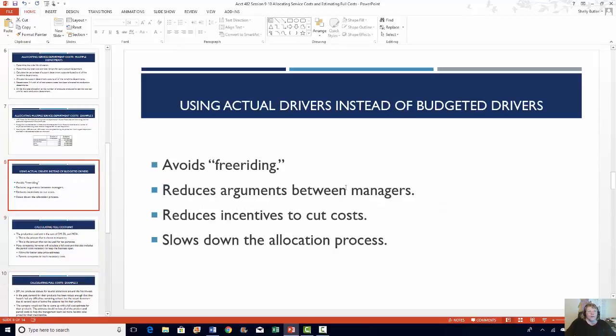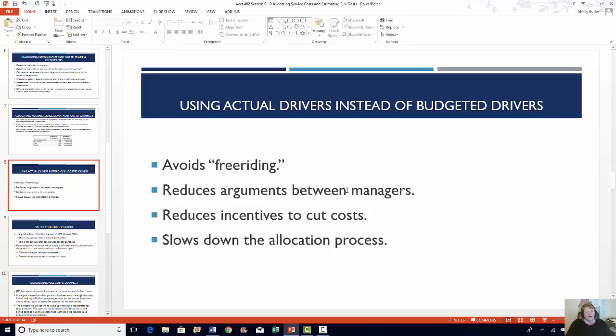So we're going to, by using actual drivers instead of budgeted drivers, we want to... okay, so when you calculate a POHR and then you apply that POHR to the actual units, the actual drivers that you used, it makes a more accurate cost because it avoids free riding.